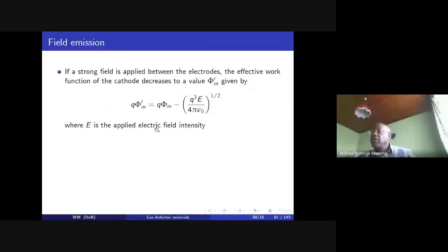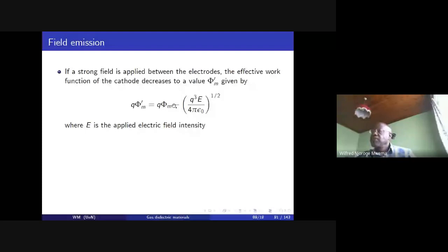That is, if we apply a decelerating field, the work function is higher, so this is the kind of thing we are talking about.